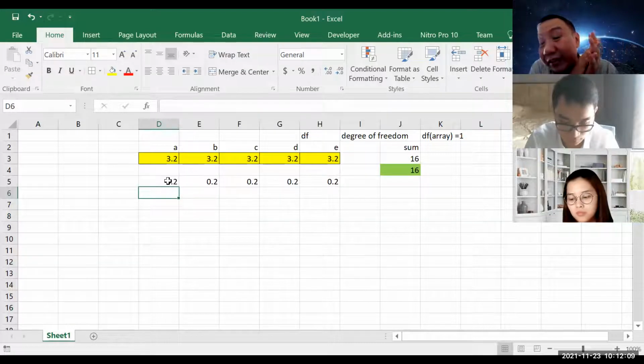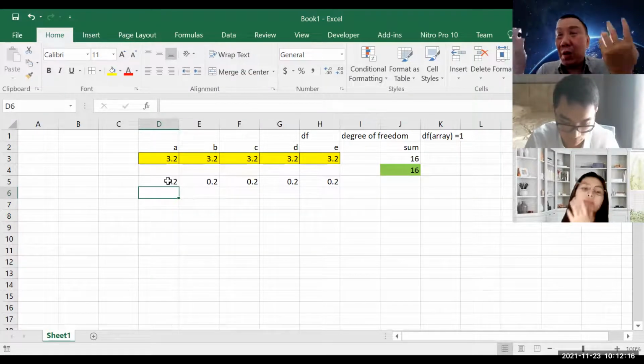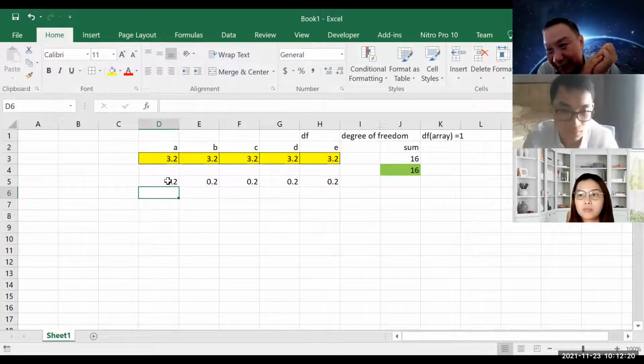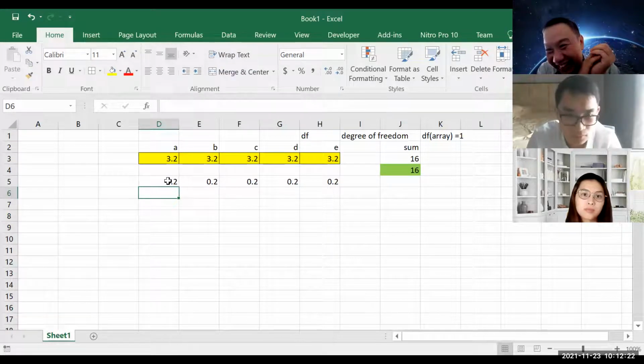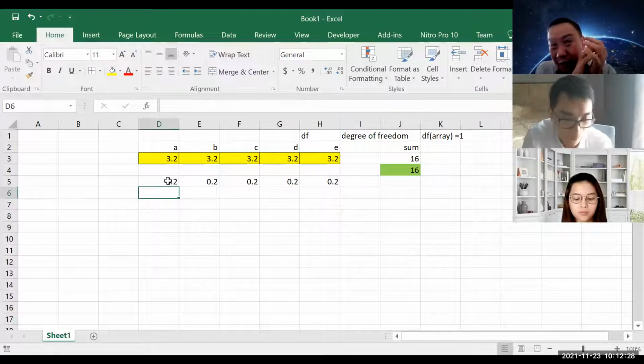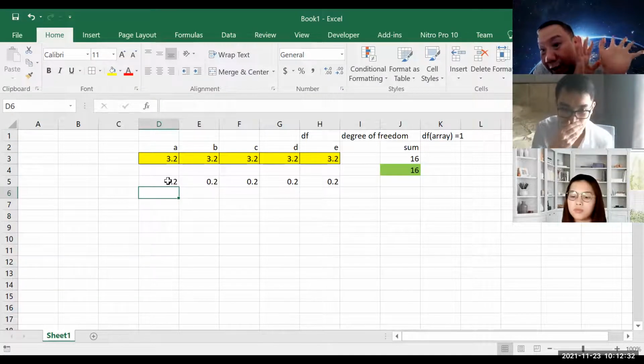This is common sense, isn't it? If you don't know, then you assume equal. When you don't know, you assume equal. That is because you maximize your doubt. That means you don't assume anything.